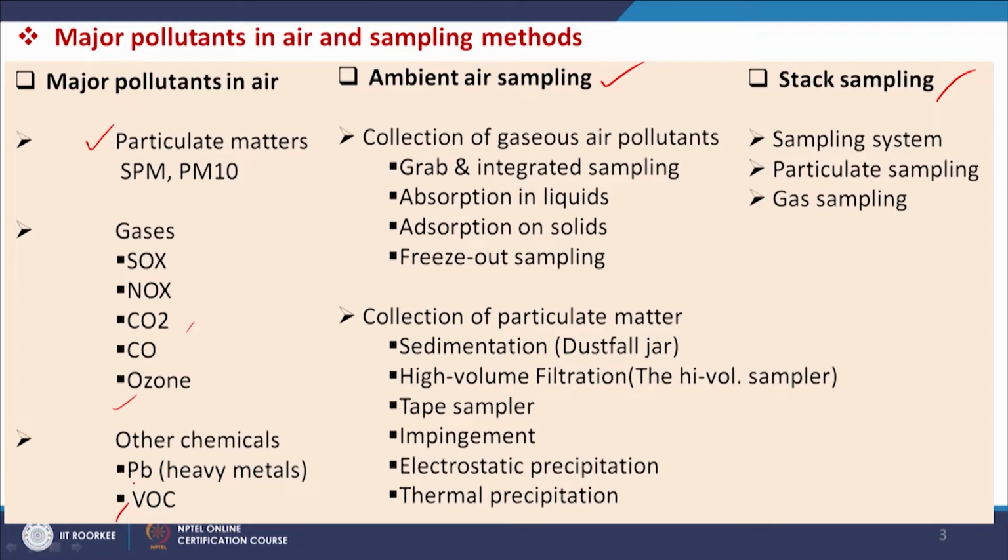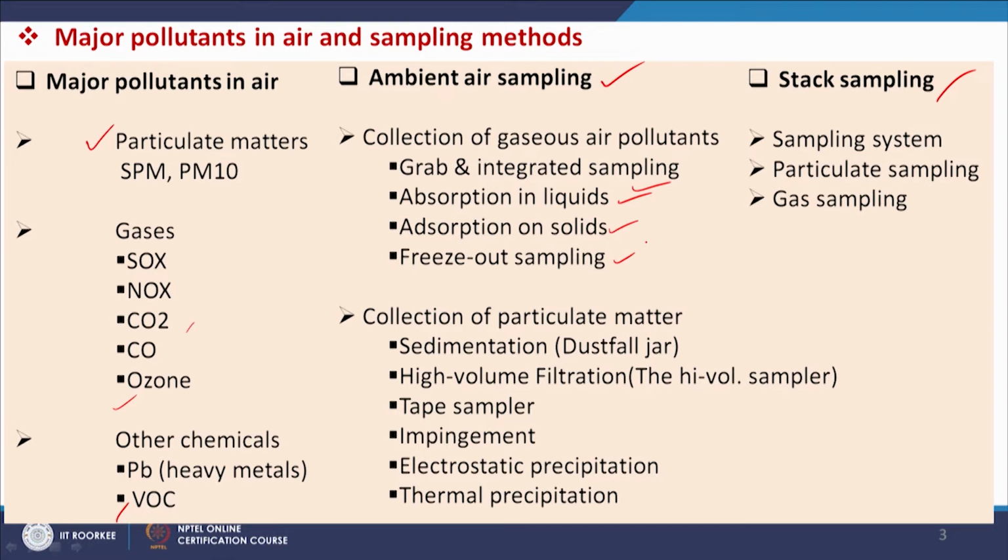Now if we think about ambient air sampling, then we have to collect the gas or air and then send it for analysis, and there are a number of methods for this purpose. One is grab and integrated sampling, next is absorption in liquids, adsorption on solids, or freeze-out sampling.